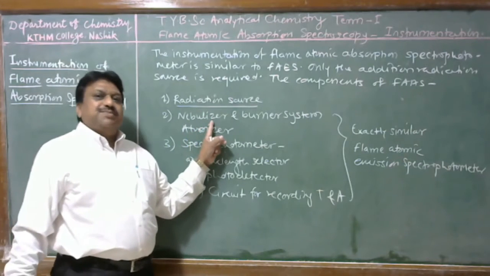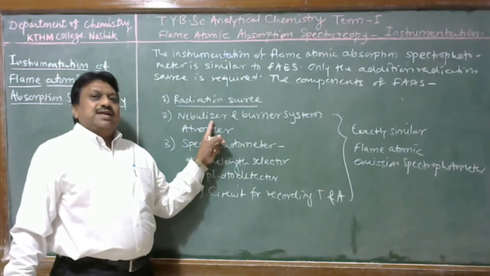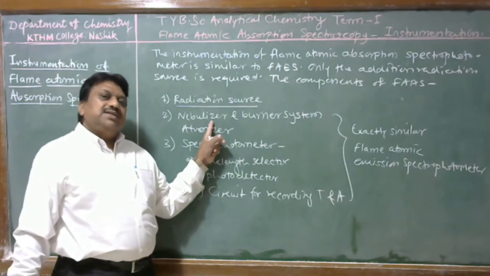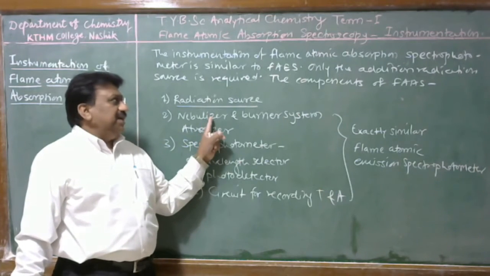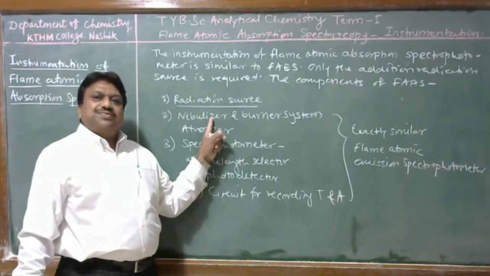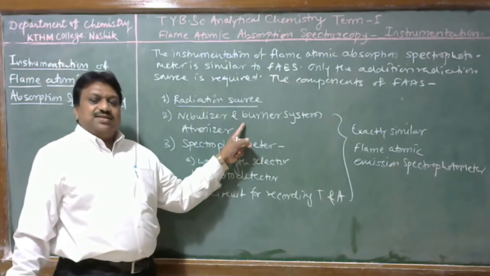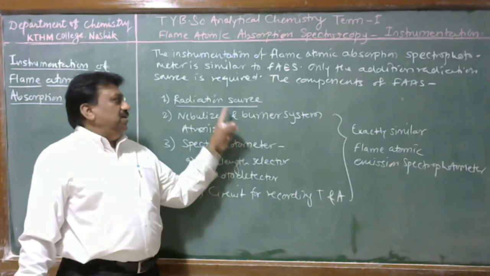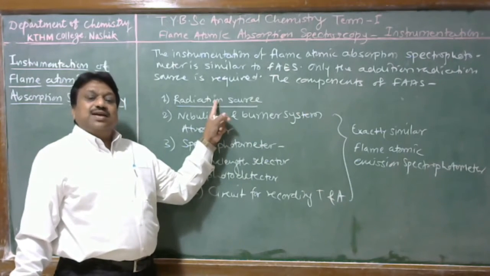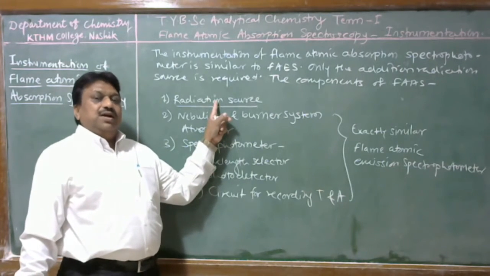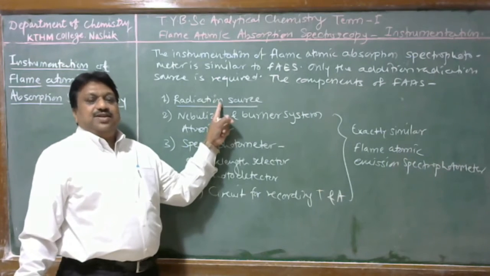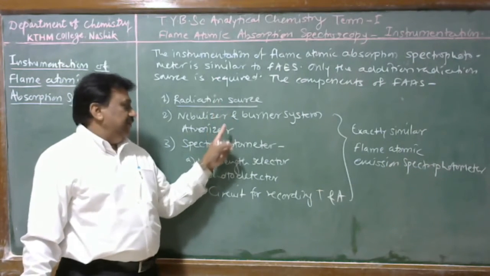In flame emission spectroscopy, the gaseous state atoms are excited by thermal energy, but in flame atomic absorption spectroscopy, the sample is converted into gaseous state atoms by thermal energy but excited by using their own resonance wavelength or a radiant power generated from the resonance line of the analyte element.